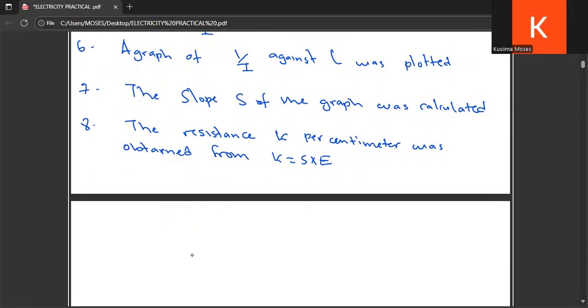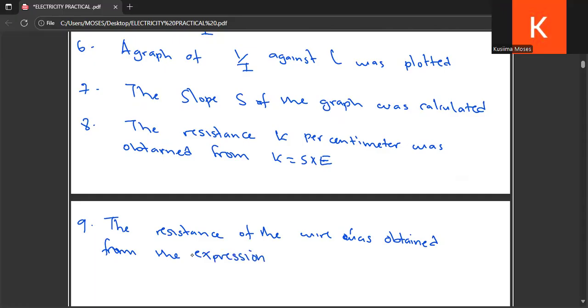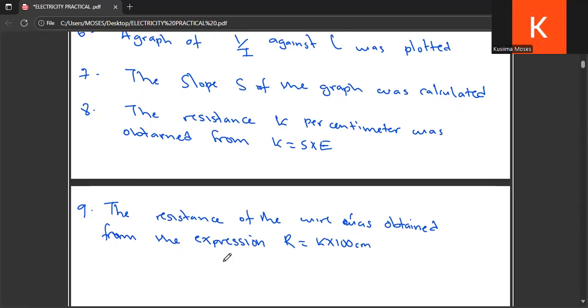And then the last one is the resistance of the wire was obtained from the expression R is equal to K times 100 centimeters. That is going to be the resistance of the wire.